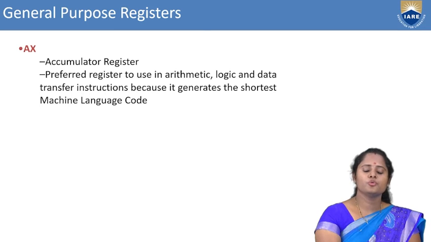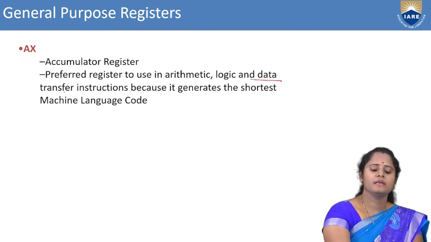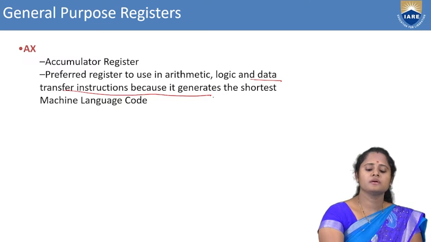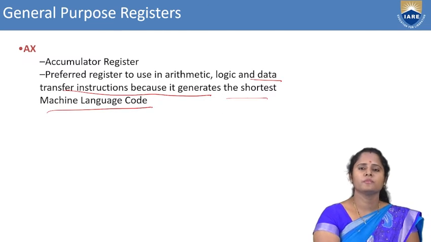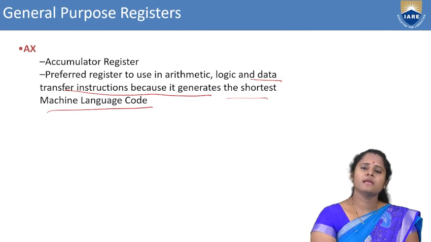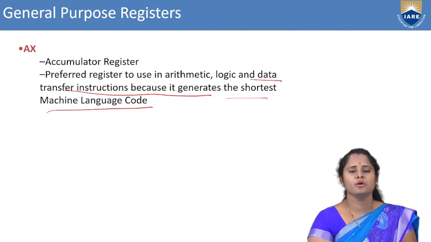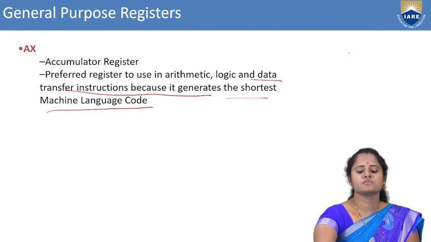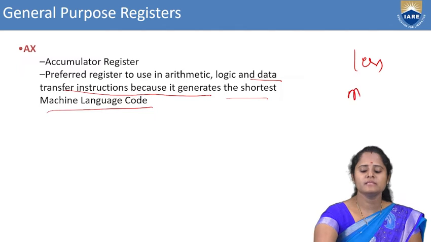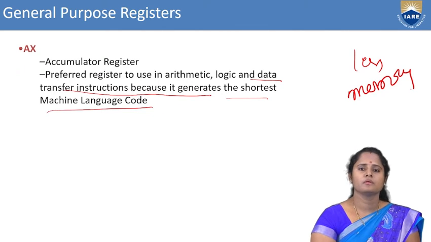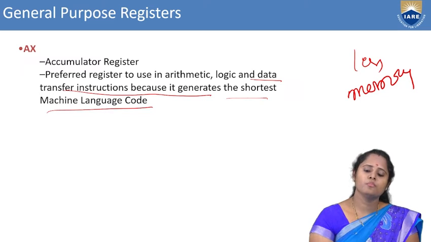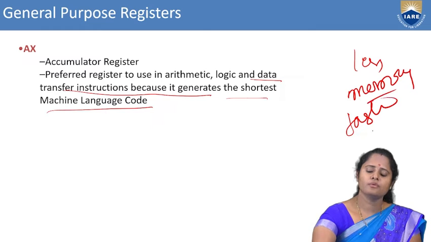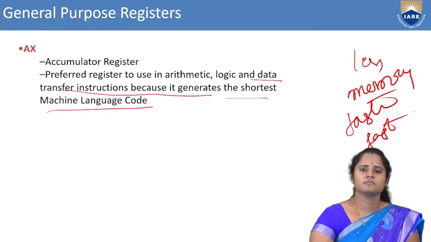It is preferred for arithmetic, logical, and data transfer instructions because it generates the shortest machine code. So whenever you are writing a program for any application, the main thing is that you need to write a set of instructions which occupies very little memory. If it occupies less memory, it can execute faster, and the result will also be fast.